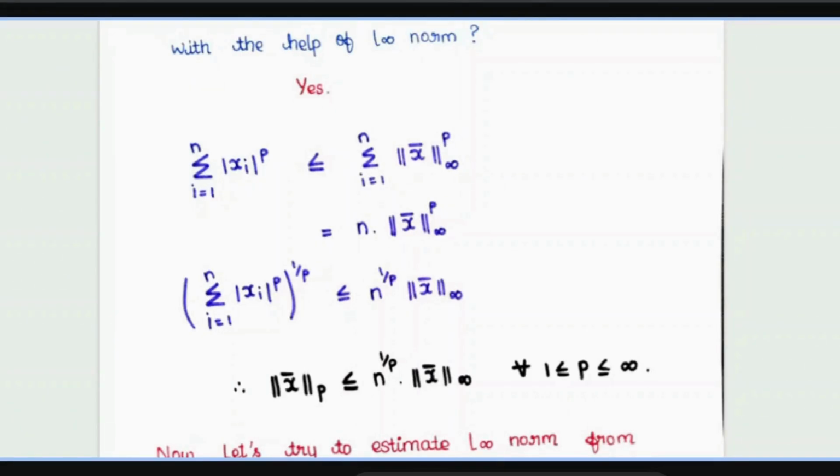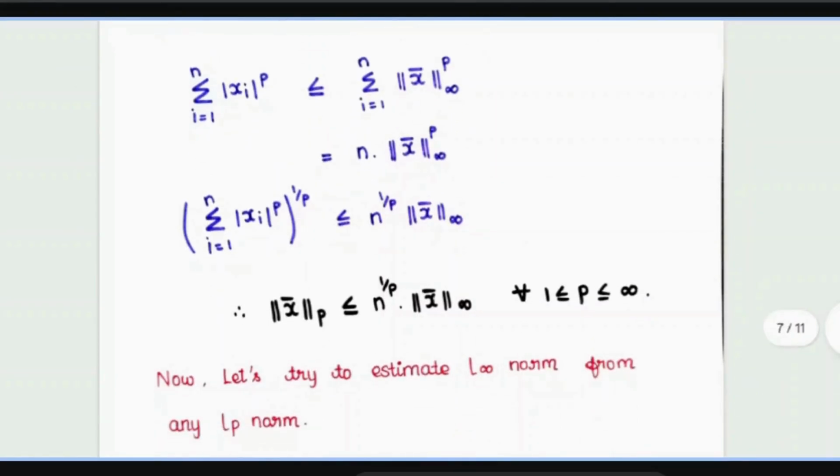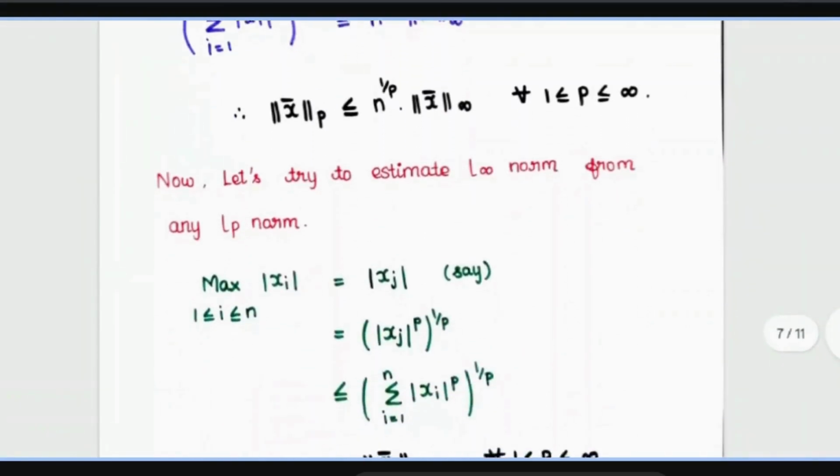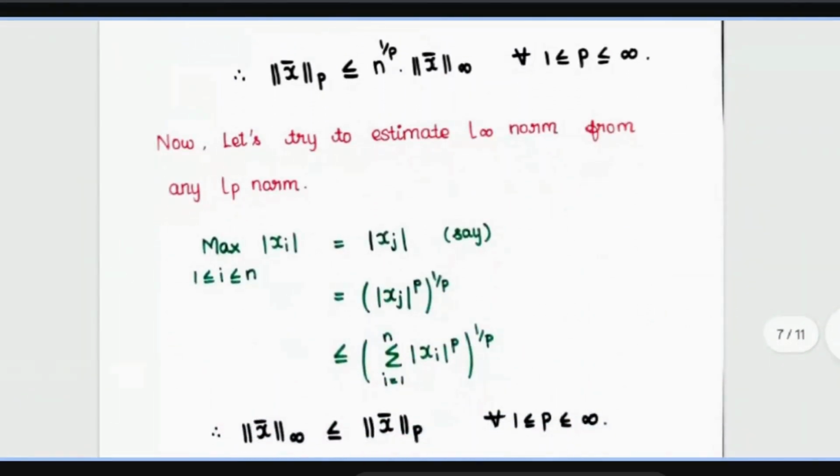Now let's try to estimate L infinity norm in terms of Lp norms. This is easy, right? Let's say the maximum of the collection of xi is some xj for some j between 1 and n. This modulus of xj, we can write as modulus of xj power p whole to the power 1 by p.